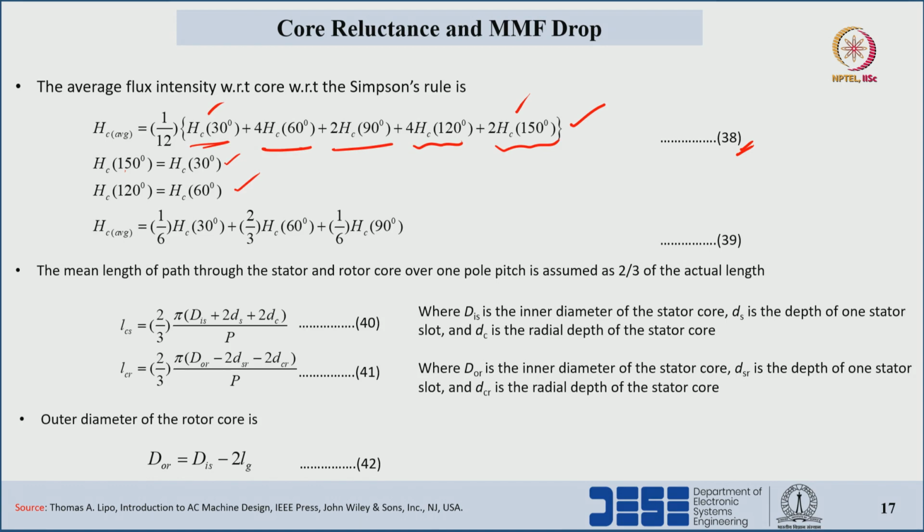Based on that we can rewrite the final equation: 1/6 of the flux intensity at 30 degrees, 2/3 of the flux intensity at 60 degrees, and 1/6 of the flux intensity at 90 degrees.